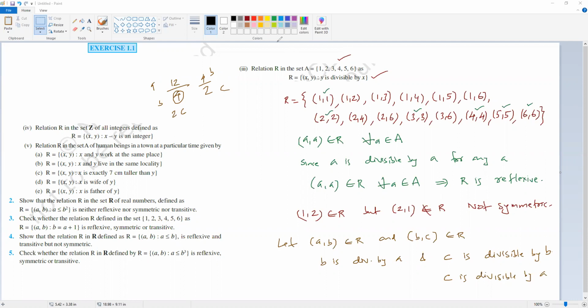Did you understand? So our normal logic: you can divide the number B with the number A and you can divide C with the number B.